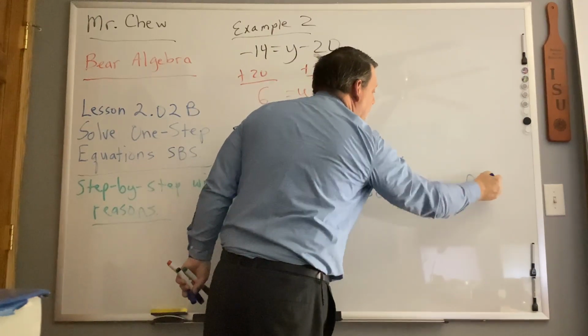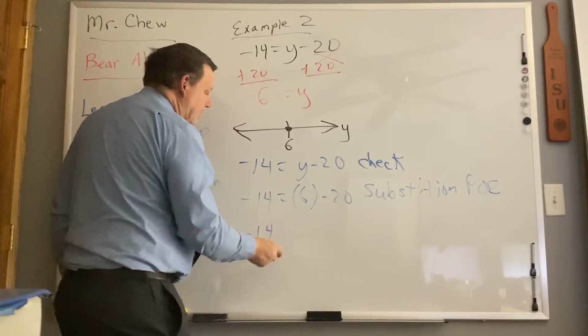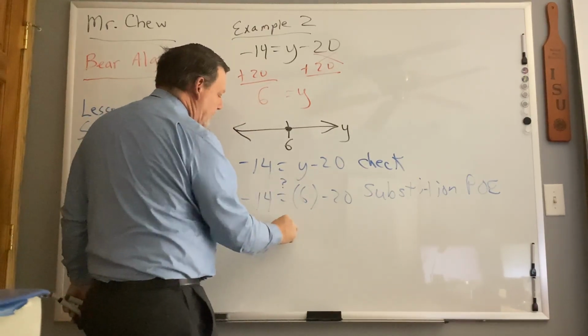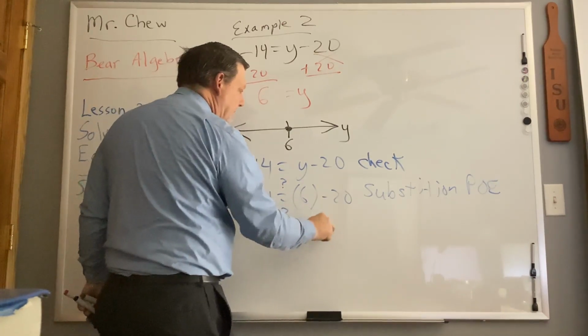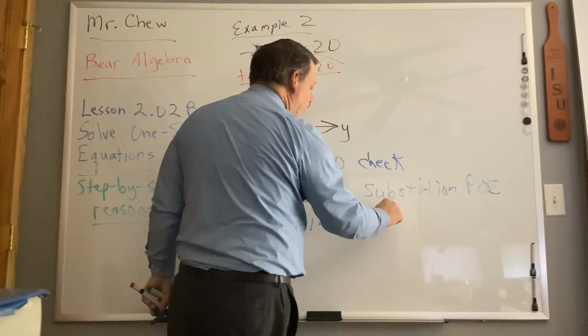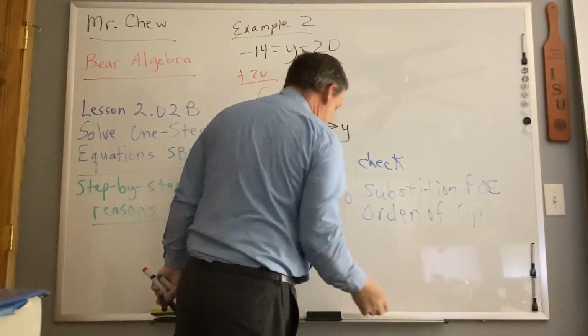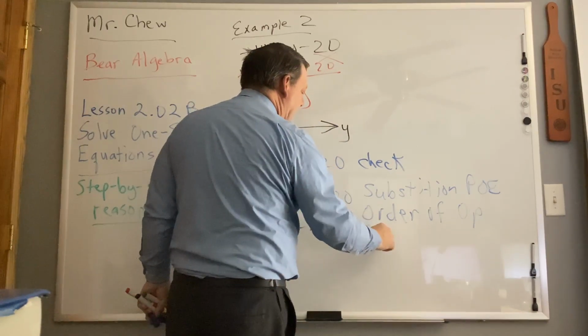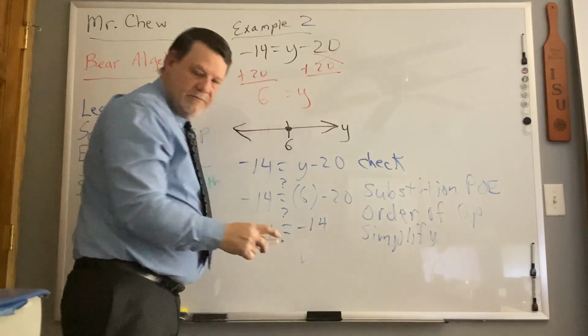It's the substitution property of equality. And now we're going to simplify it. We have a question mark there too. And then 6 minus 20 is negative 14. We did the order of operations, and then we simplified. I always ask my students to put the check here.